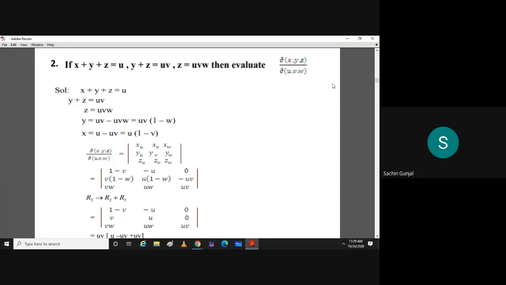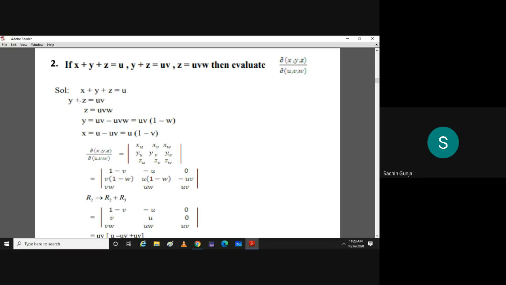Now, z is already a function of u, v, w, so you have to think how to write x and y in terms of u, v, w. What is given? x plus y plus z equal to u and y plus z is equal to uv.